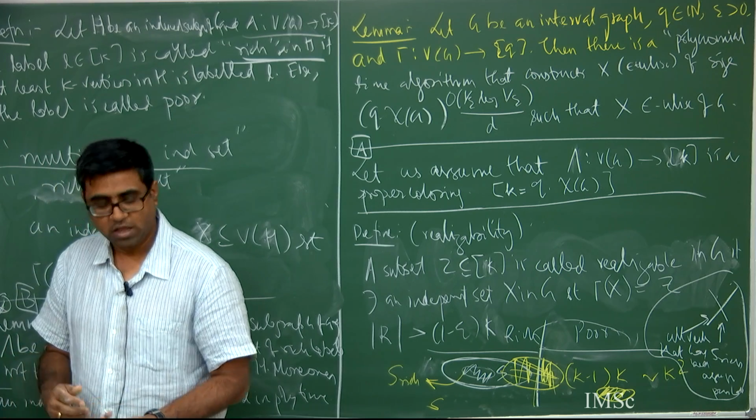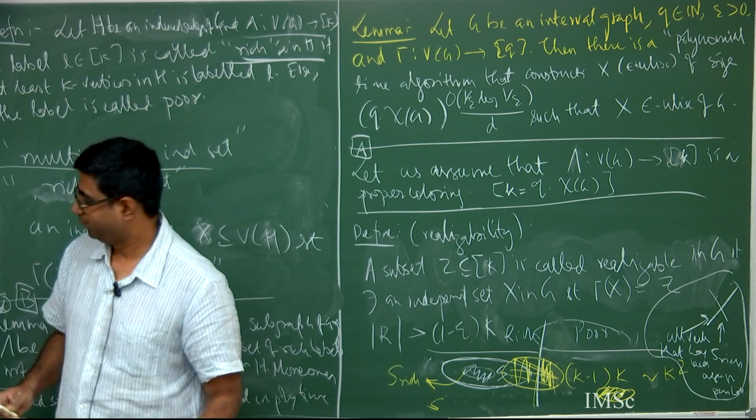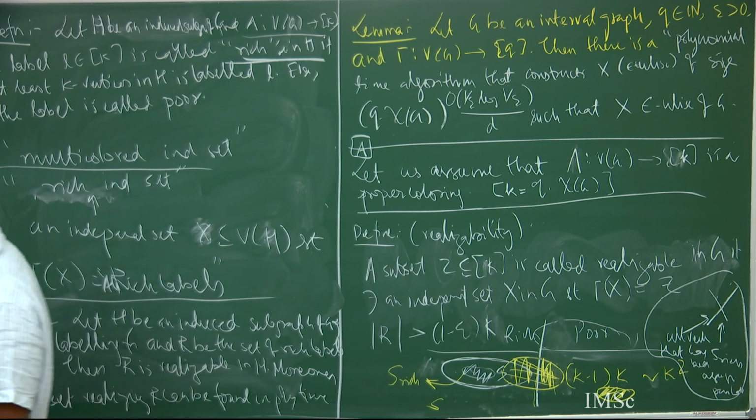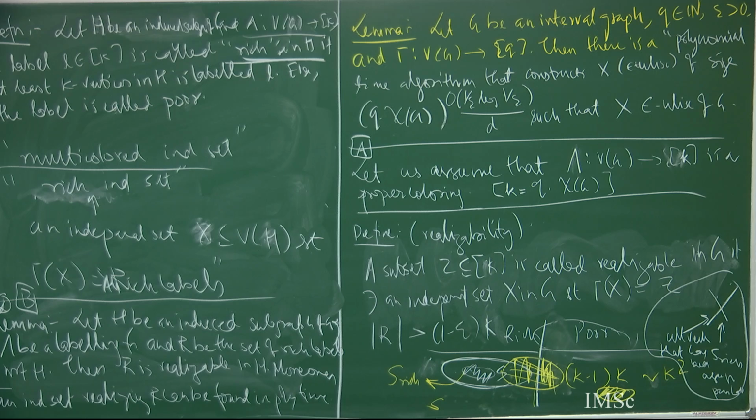Okay, fine. But the amazing thing is that it does not have to be all the rich labels. Look, S poor you picked completely. Look at S rich. S rich got divided into say S1, S2, S3.